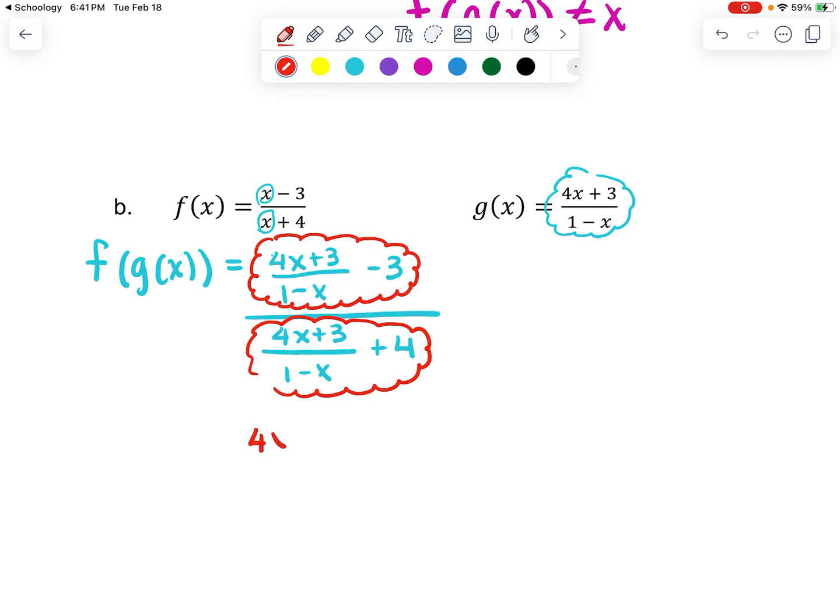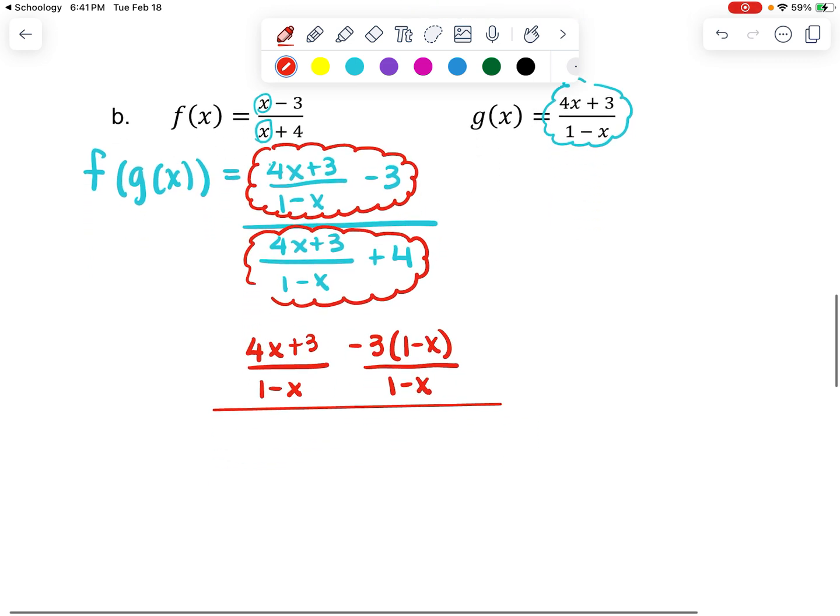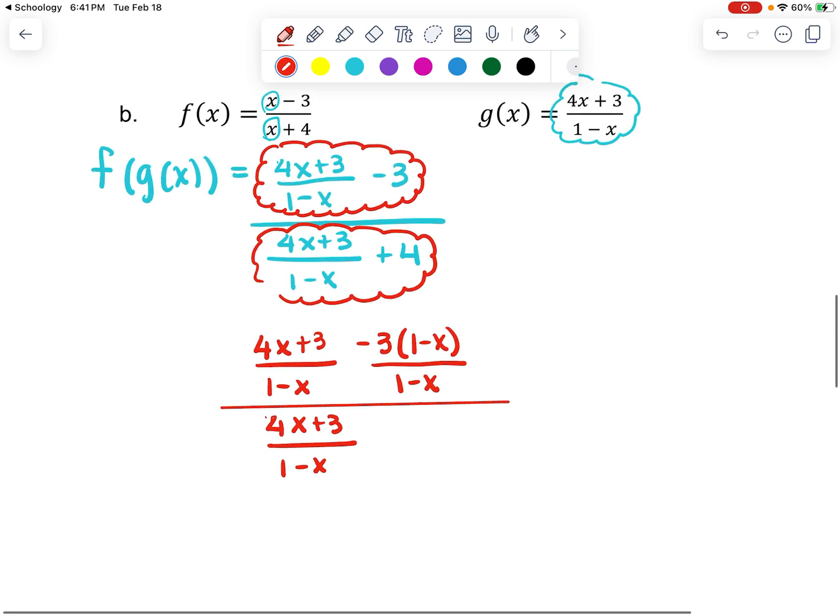So for this guy, (4x + 3)/(1 - x), and then I'm going to have minus 3, and I'm going to multiply by 1 minus x. And this now has the same denominator of 1 minus x. That's the top. All over this second part in the denominator, same common denominator. So (4x + 3)/(1 - x) plus 4. My common denominator is going to be 1 minus x. I need 1 on the top, 1 on the bottom.